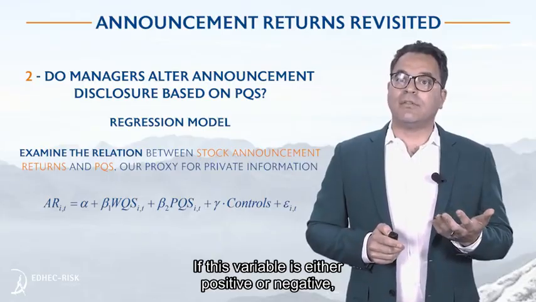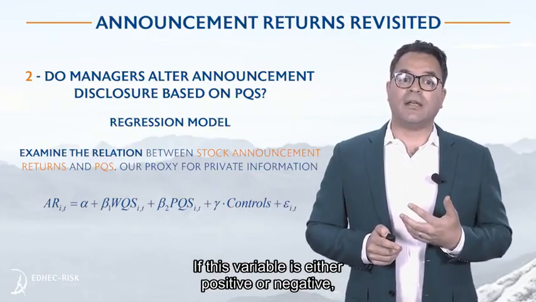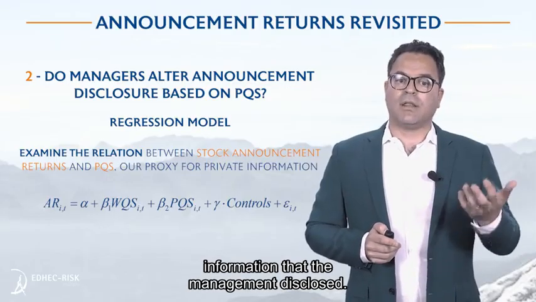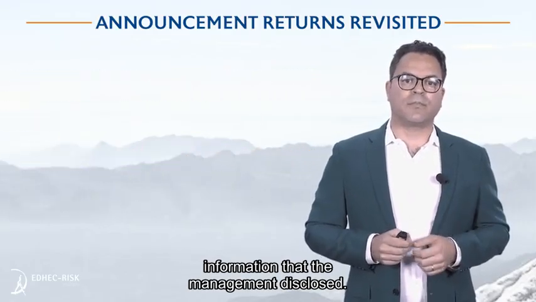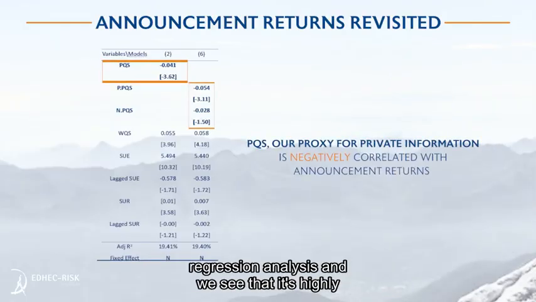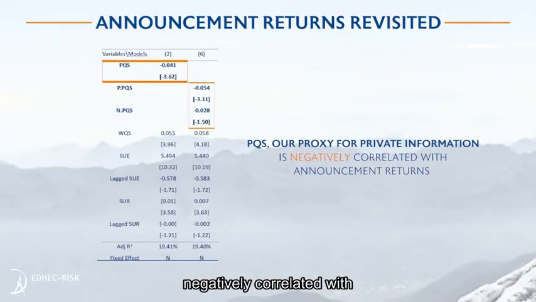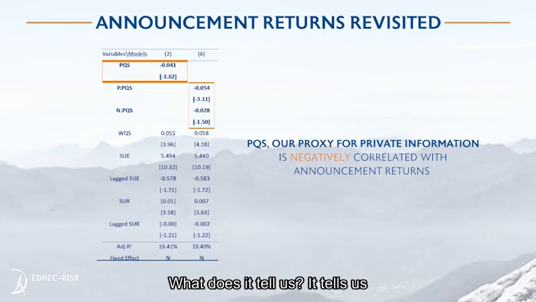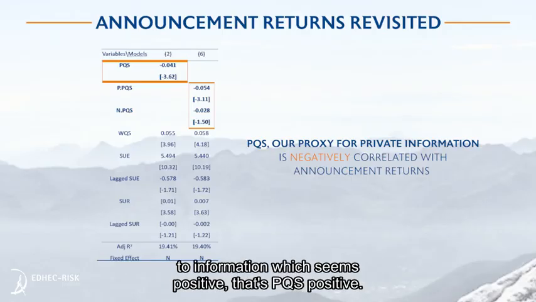If this variable is either positive or negative, it can tell us something about the quality of information that the management disclosed. We observe this using regression analysis, and we see that it's highly negatively correlated with the stock return during the earnings announcement. And what does it tell us? It tells us that managers actually had access to information which seems positive.